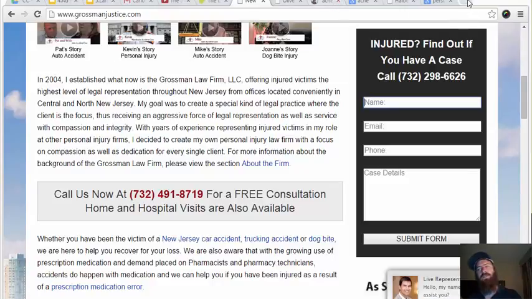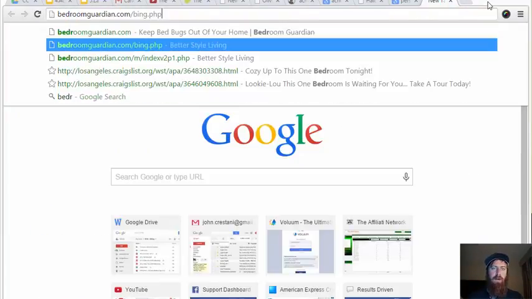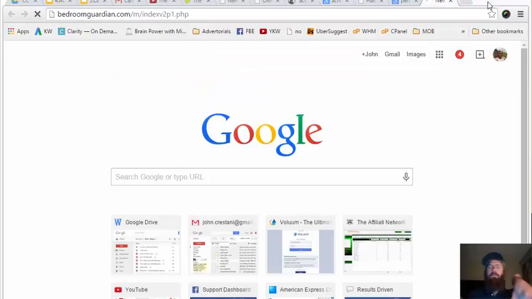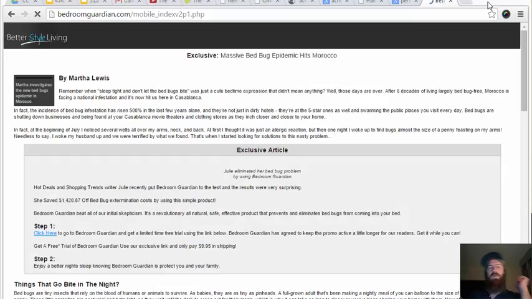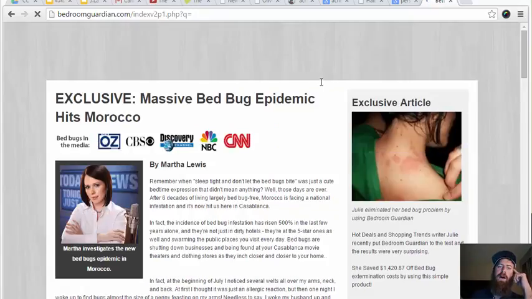Other ways to do an information first approach is, so this is what we do with one of, oh, this is actually the wrong one. Let's get here, here it is.